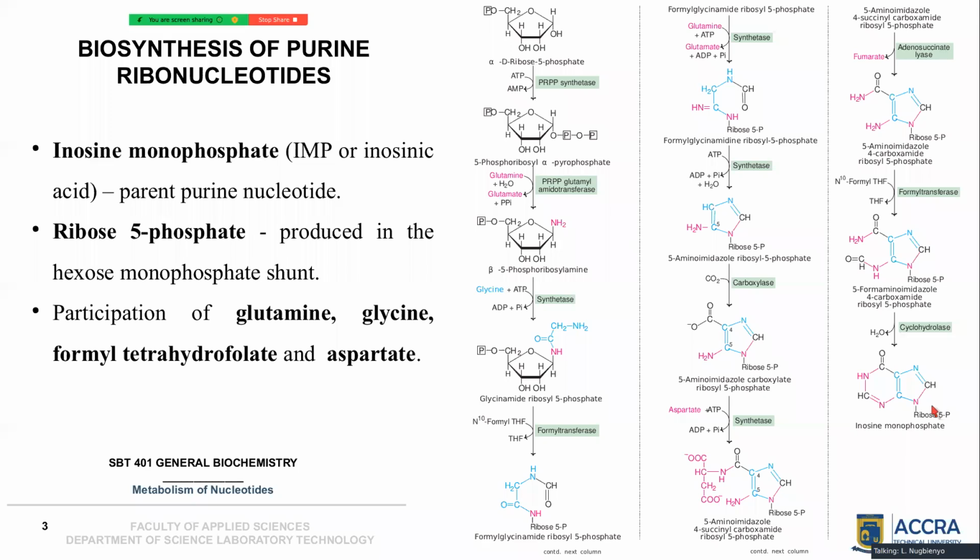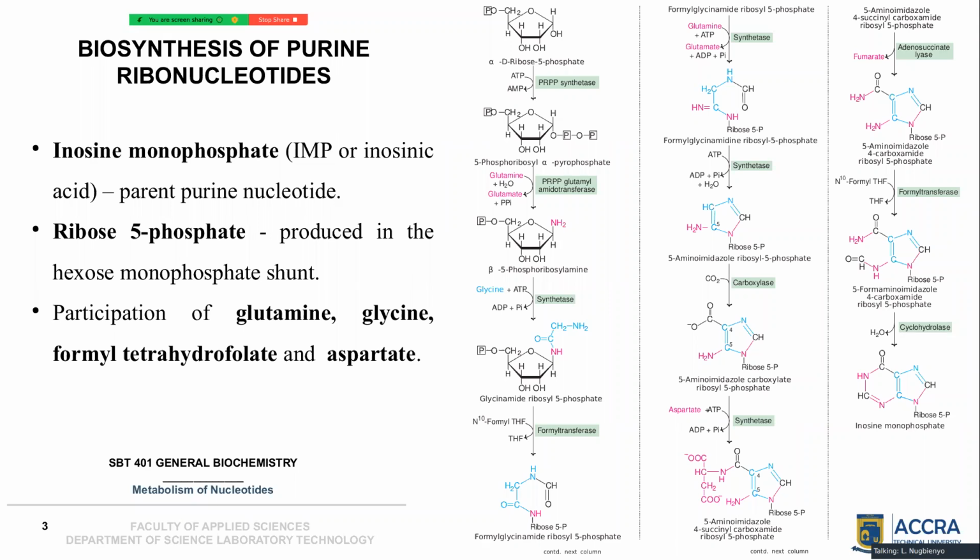Now, you see that, first of all, the nucleotide structure consists of a ribose sugar, a phosphate group, and then a nitrogenous base, which will be on carbon 1. And you see this reaction path is starting from ribose 5-phosphate. And we had seen ribose 5-phosphate being produced when we were studying the metabolism of carbohydrates.